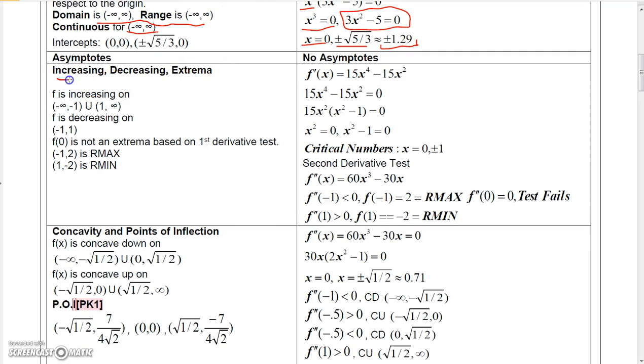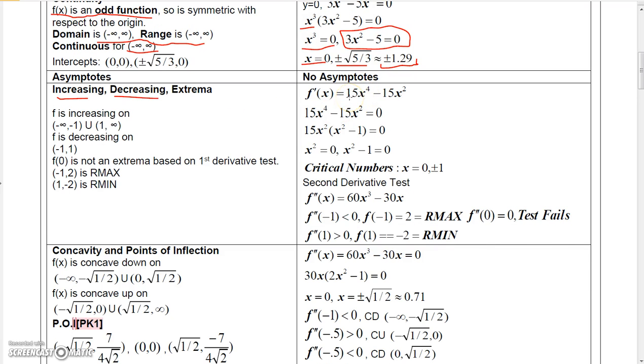Now let's talk about increasing, decreasing, and extrema. So I'm going to do the work over here. Here's the derivative, 15x to the fourth minus 15x squared. Factor 15x squared out, and I get 15x squared times (x squared minus 1). So if I solve that for the critical numbers, I get 0 and plus or minus 1.